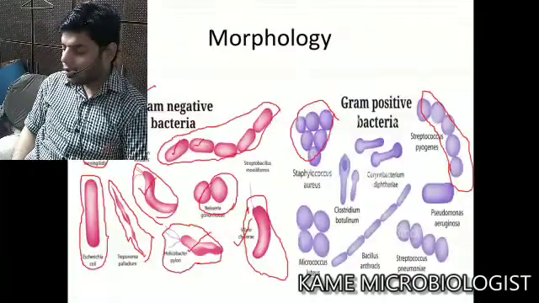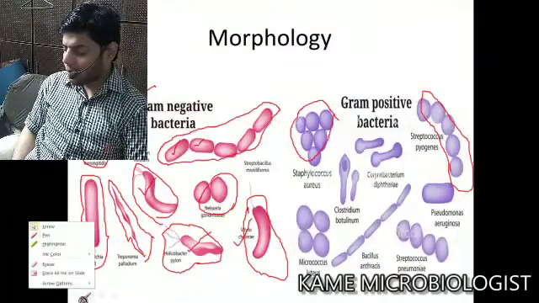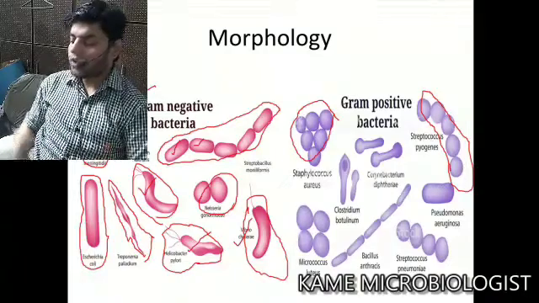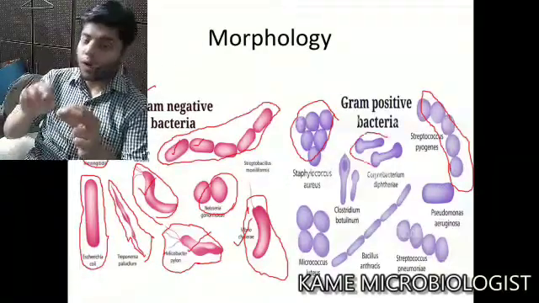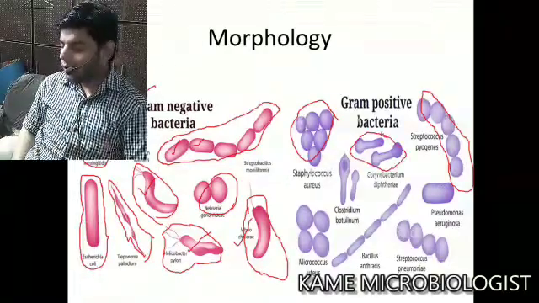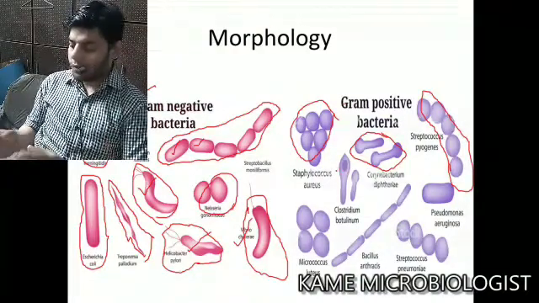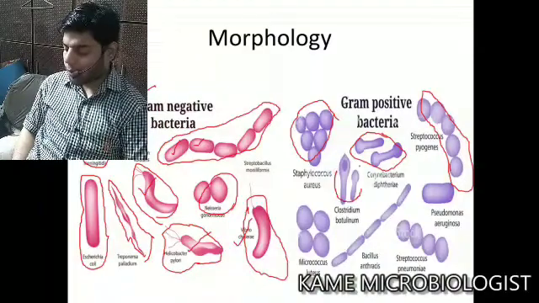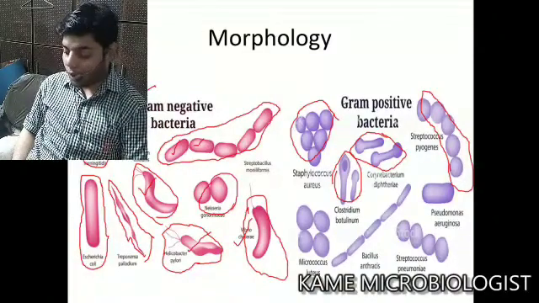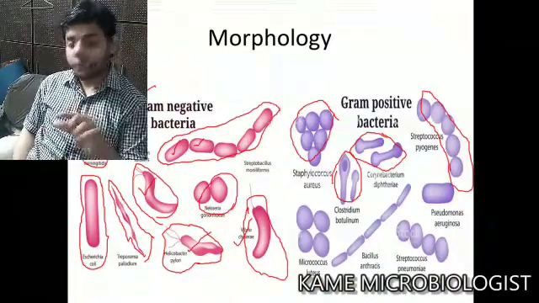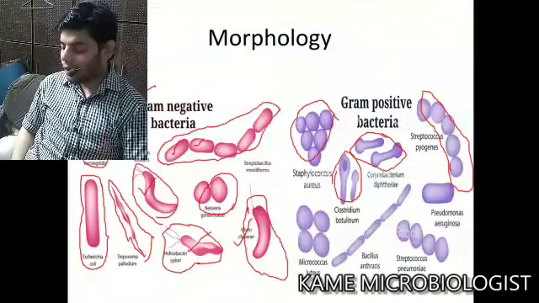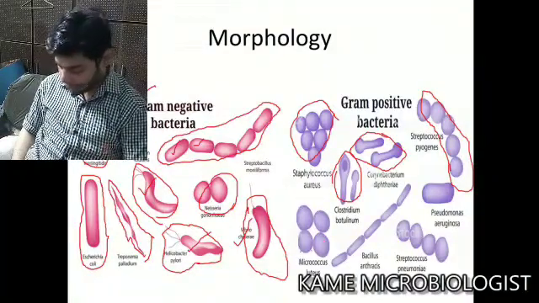Then we have another morphology of the gram-positive bacteria, which has both rod shape and cocci shape connected to each other. We call that Corynebacterium diphtheriae. Then we have the same in the case of Clostridium botulinum. They also have cocci plus rod shape connected to each other, and we call that Clostridium botulinum.